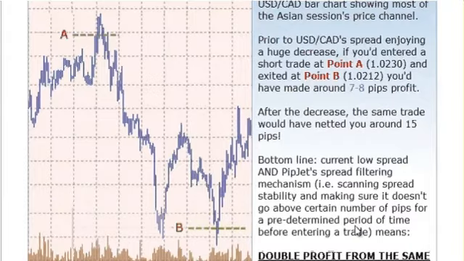That is showing us double profit from the same trades that we would have taken in the old market conditions versus today's market conditions. So just with those changes in the market, we're taking twice as much profit. That's what I mean when I say profits have truly skyrocketed with developments like the spread decrease.